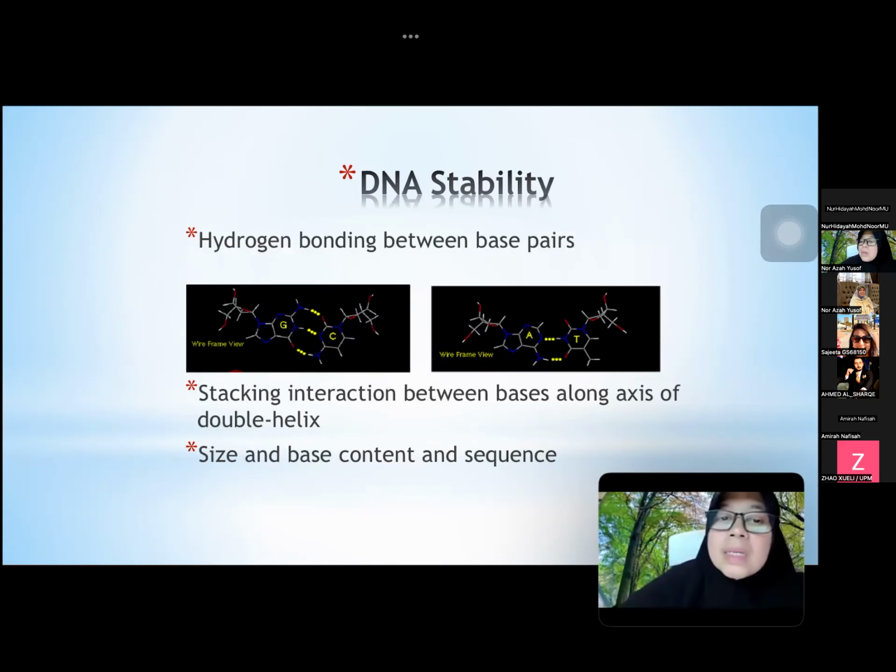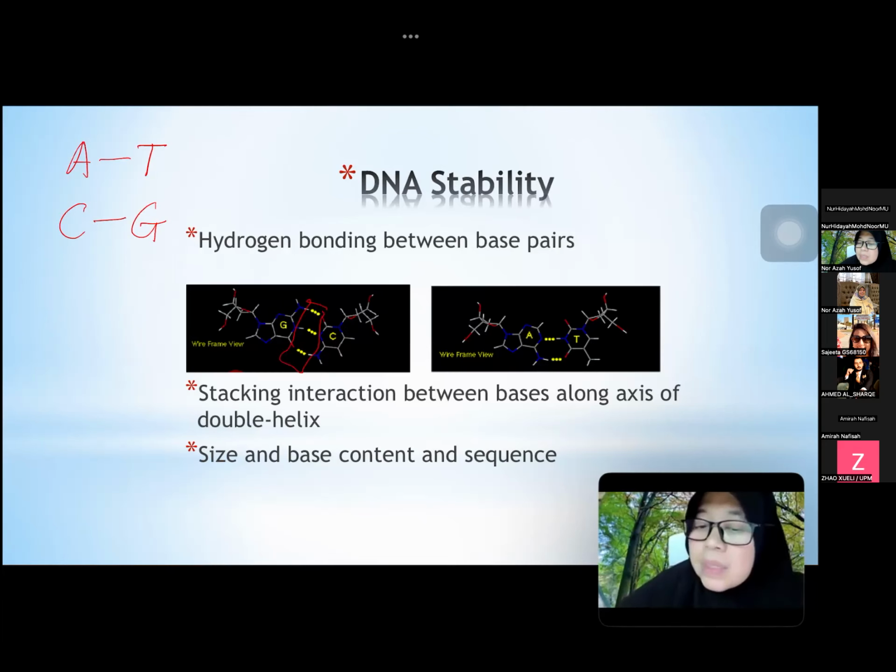And how they interact. I told you last week about A, which will be matched with T, adenine with thymine, and C, cytosine, with G, guanine. So the pair has to be that way. There will be no interaction between A with G or C with T. It has to be A with T and C with G. So the interaction is through hydrogen bonds.